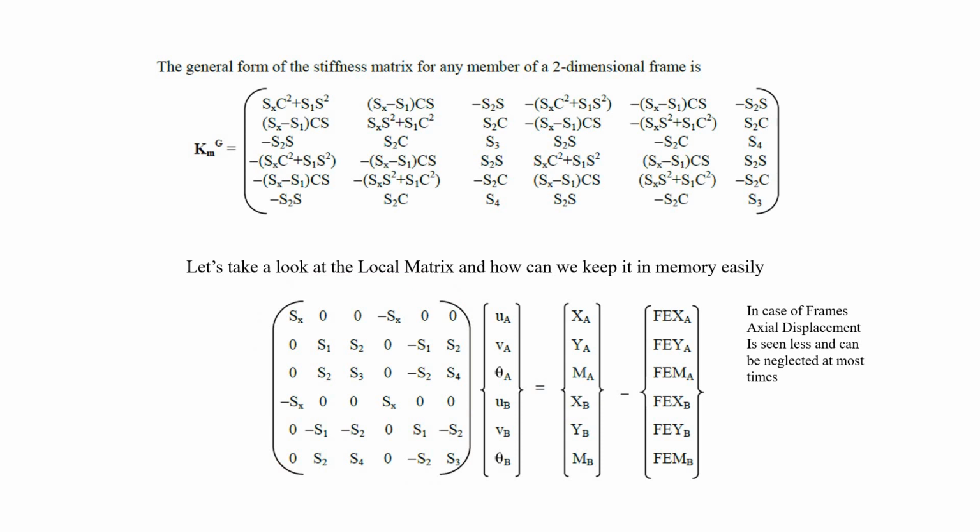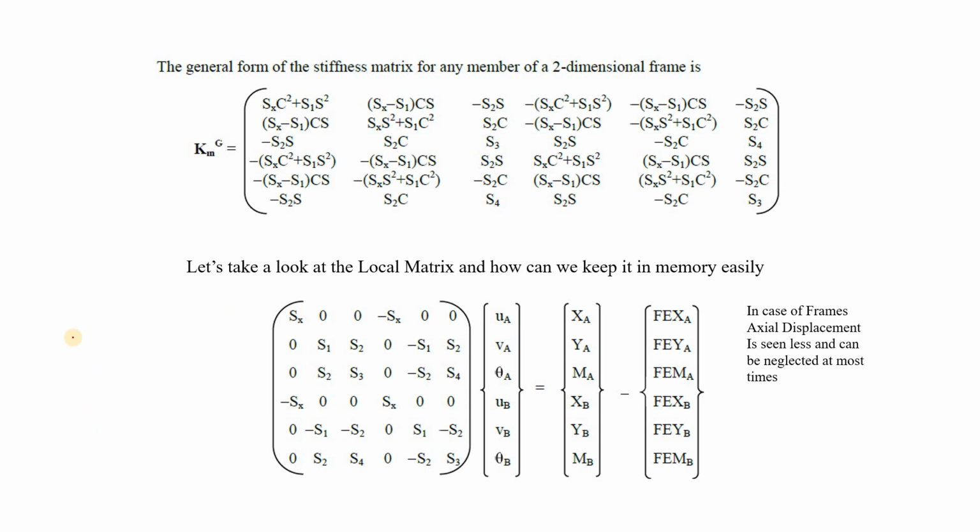Okay, now let's take a look at the local matrix and how we can easily memorize it. This is the local matrix, you remember it from the previous lecture. In the case of frames, the axial displacement is seen very less often.